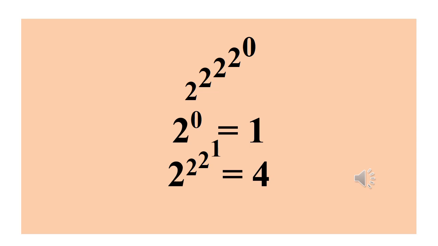So since 2 raised to power 0 is 1, then what we now have is 2 raised to power 2 raised to power 2 and then raised to power 1.